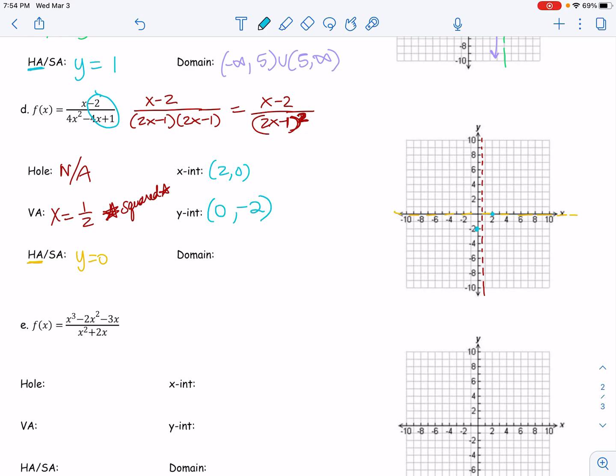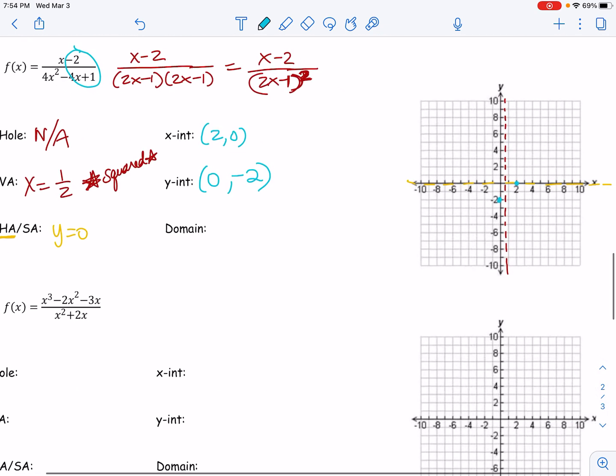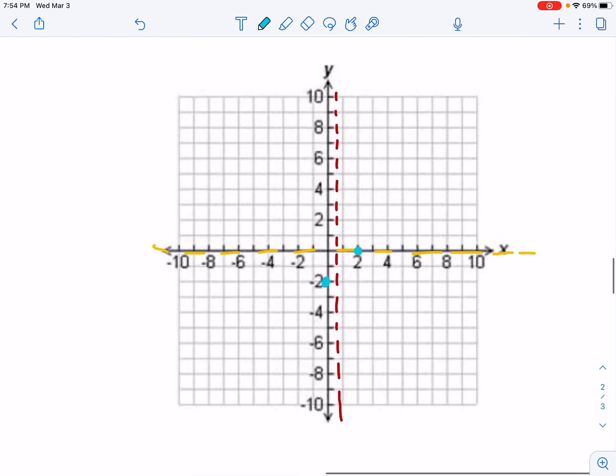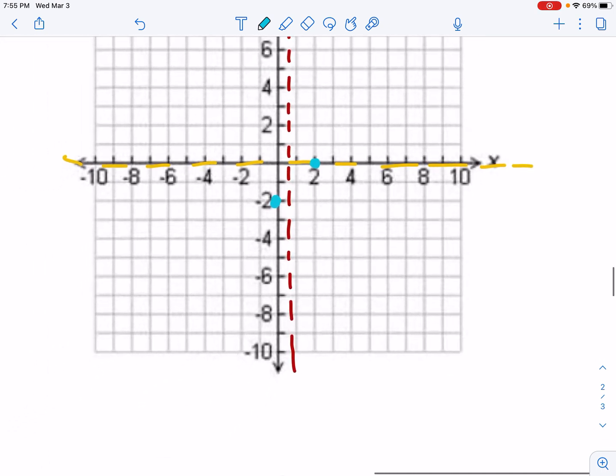So I said that we have to go through the x-intercept and we have to go through the y-intercept. For this problem, because we did have the squared factor in the denominator, we are going to approach those vertical asymptotes together. So because there's only one vertical asymptote, we will either both be going up from both sides or both down from both sides. Well, based on where my y-intercept is, it makes sense that I have to be down and on the left.